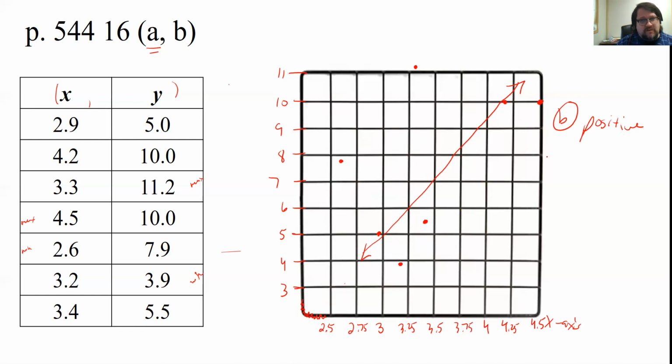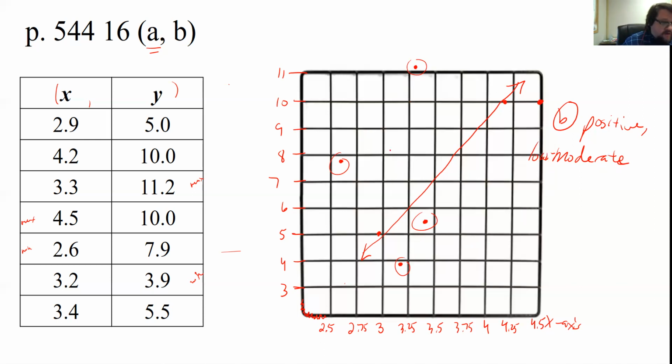Now, the strength of it, some of these are kind of way off. So I think I'll say moderate. Low end moderate, maybe low moderate, kind of the low end of the moderate scale, I would say.